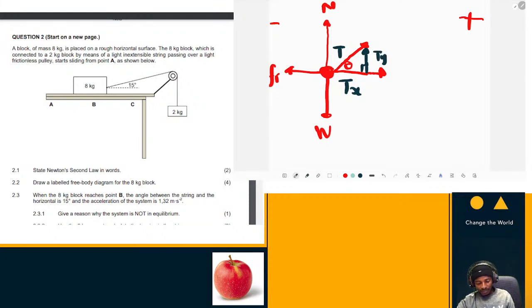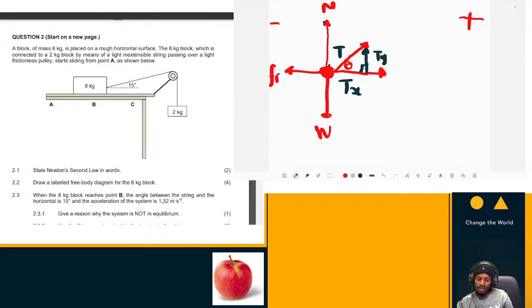Because Ty is always perpendicular to Tx. The normal force over here and this Ty were perpendicular before we changed the position of this vector, which was originally over here. It was perpendicular to the Tx. That is why now we form a closed triangle.